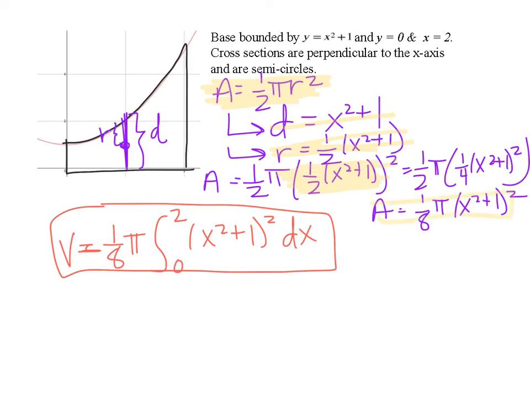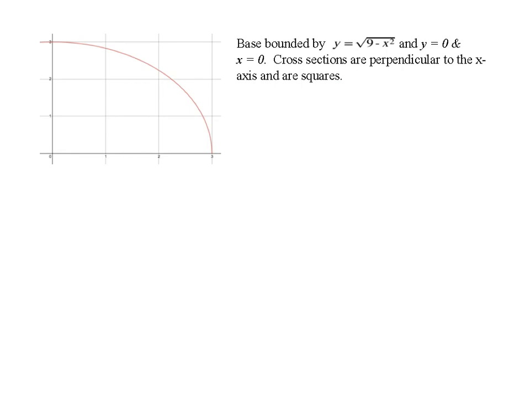The area of one cross section is going to be 1/8 pi times x squared plus 1, squared. Then put that into a volume formula, and you can see that your volume is represented by this particular integral. This is me trying to highlight it. Let's see if you can try the same thing with this particular example.